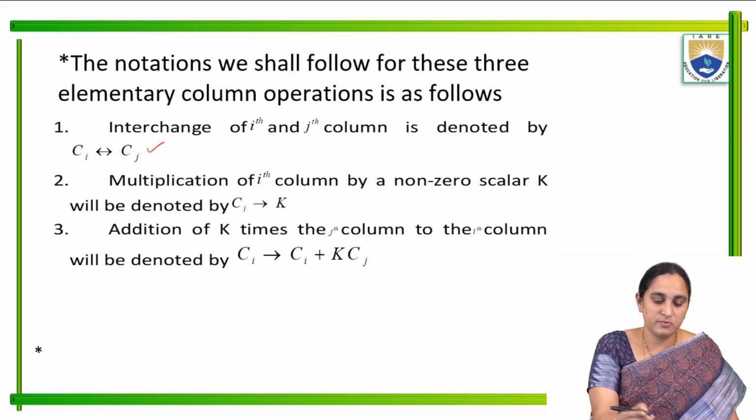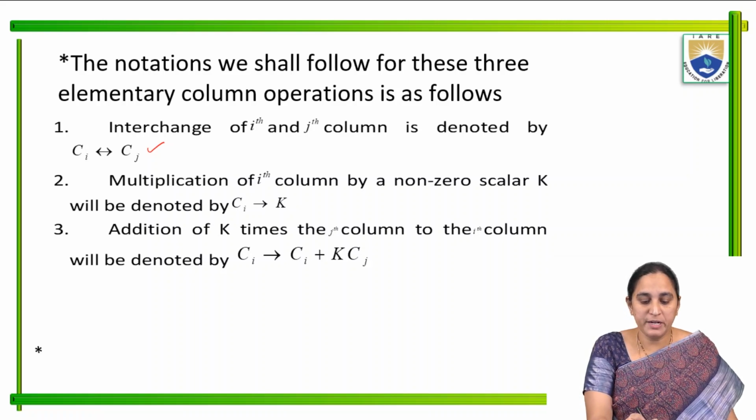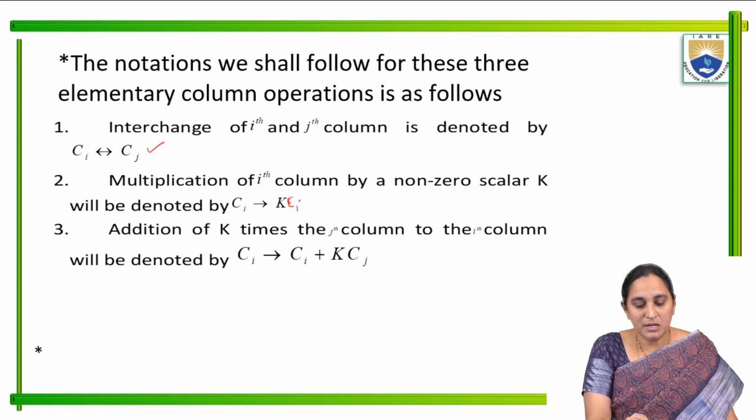That is the notation for the first point. The next one, multiplication of the ith column by a non-zero scalar k, will be denoted by Ci tends to k into Ci.